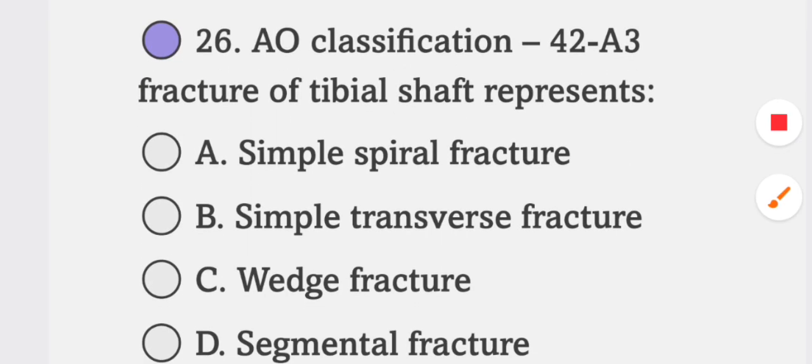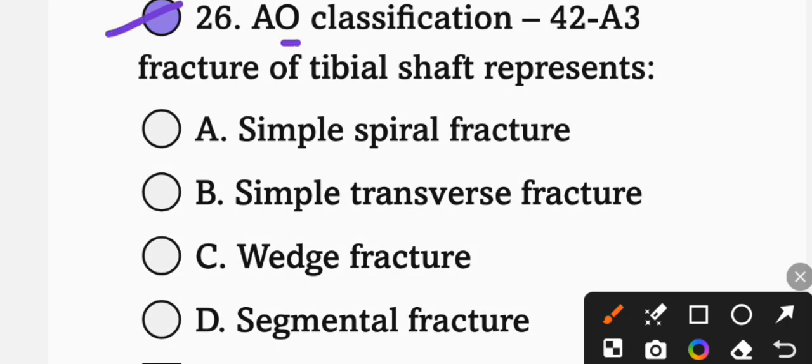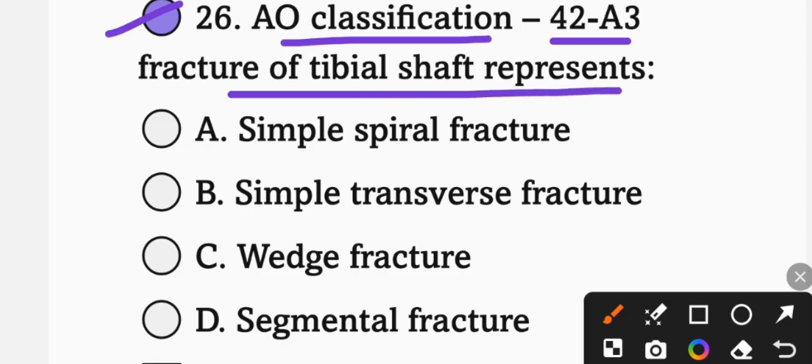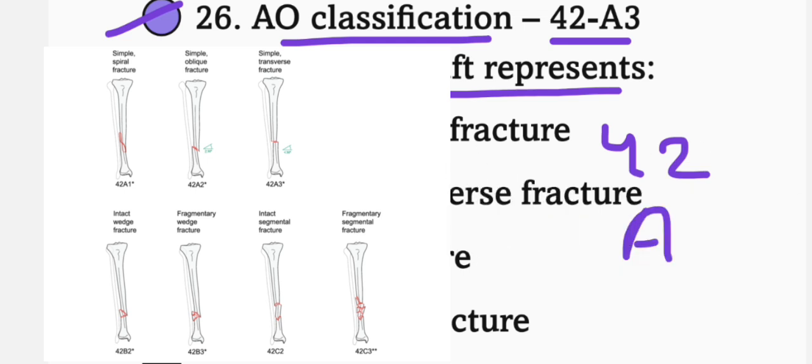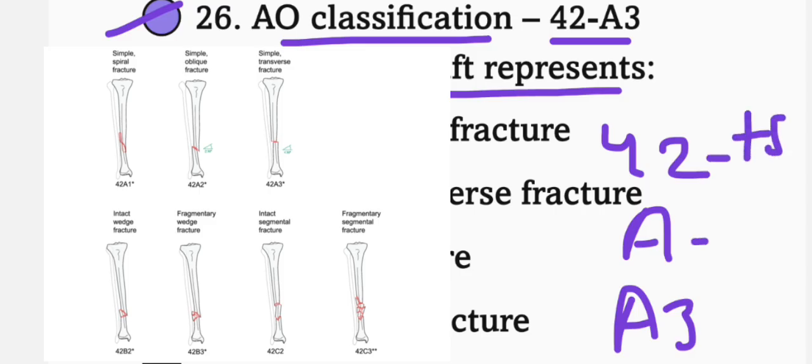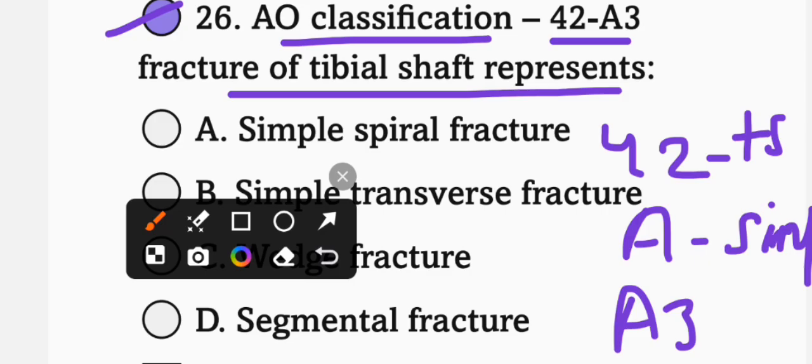Now come to question 26. AO classification 42A3 fractures of the tibial shaft represent what? This is a new pattern of MCQ commonly seen in recent exams. In the AO classification, 42 means tibial shaft, A means a simple fracture, and A3 means a transverse pattern.